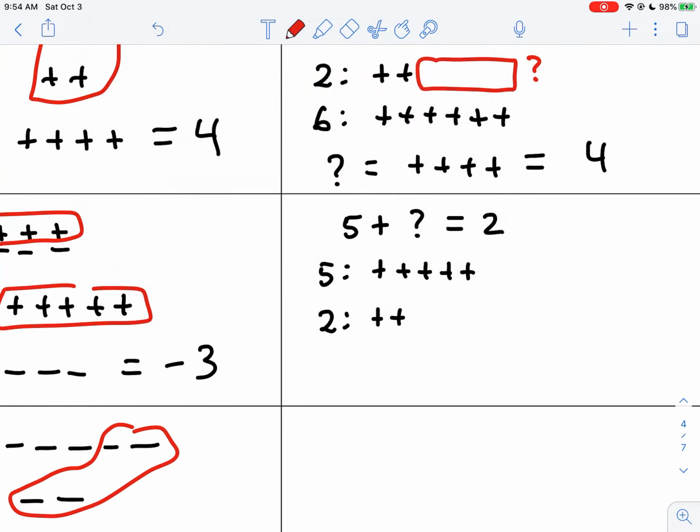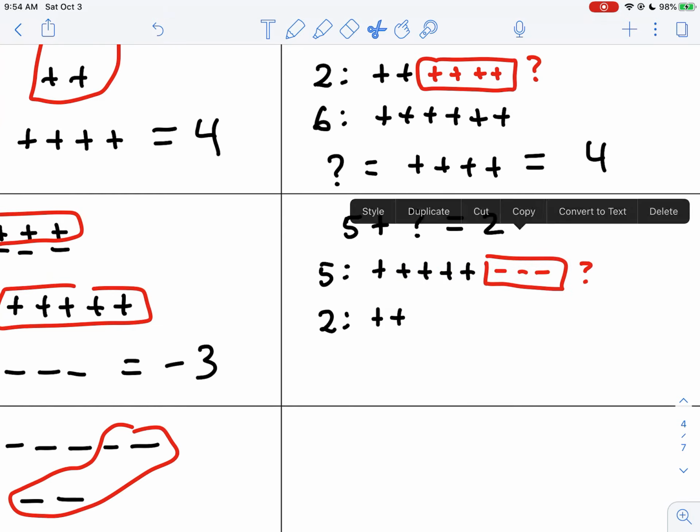If you want, you could put the box like over here saying, okay, I'm going to combine 5 with what so that the result is 2. And that what should be 3 minuses. Up here it was 4 pluses. So combine 5 pluses with 3 negatives. Those cancel out and you get the 2.